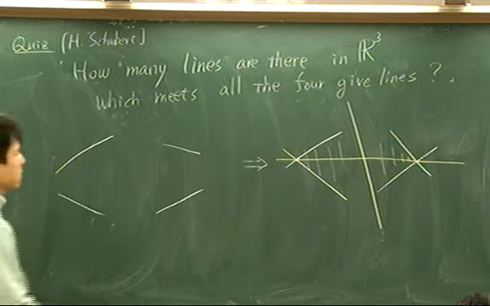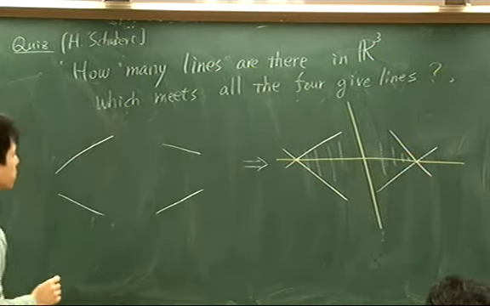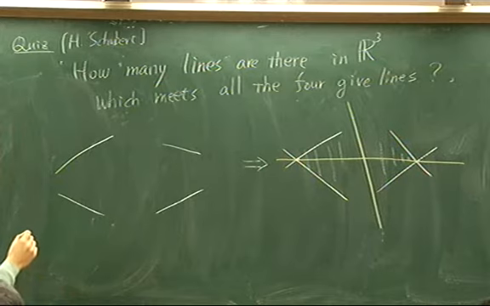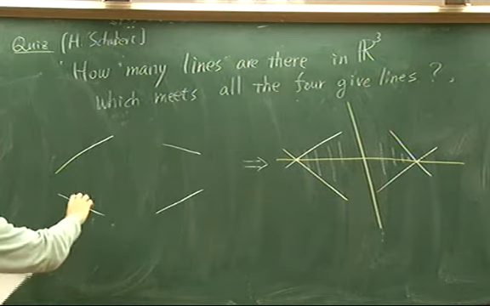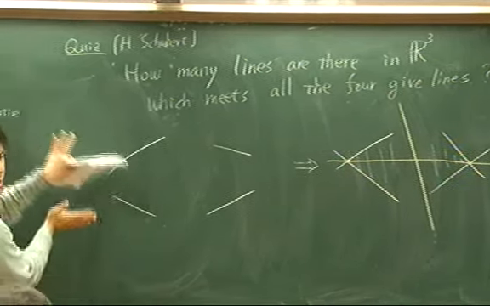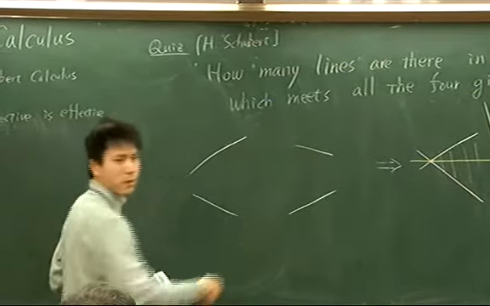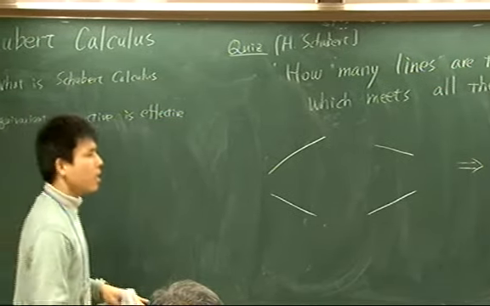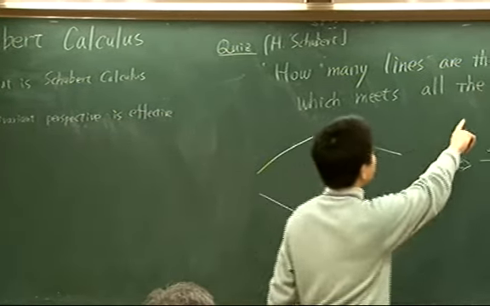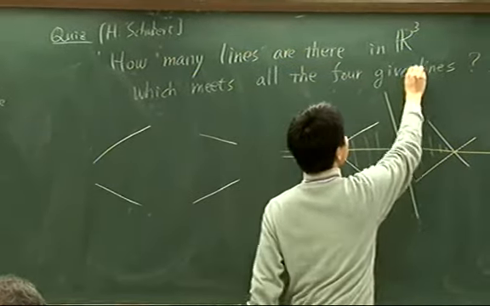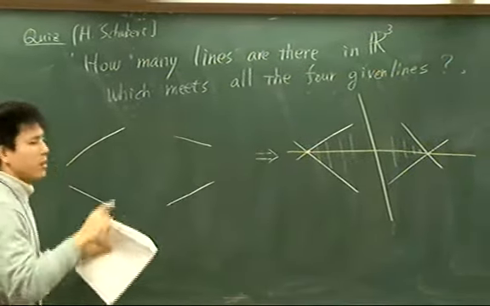But the crucial point is that we have to assume that the number of solutions won't change if we rearrange the initial lines. Indeed, the four lines are given in general position.